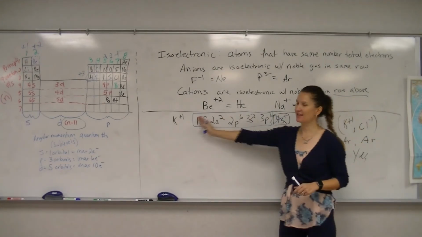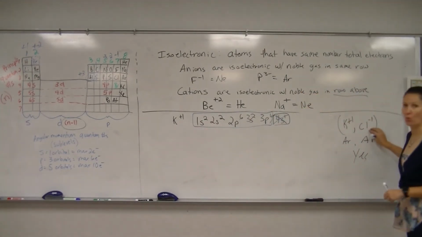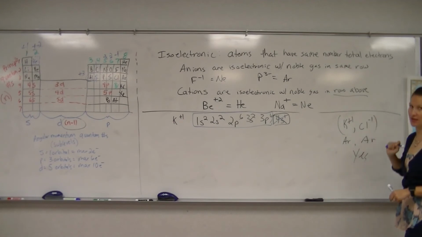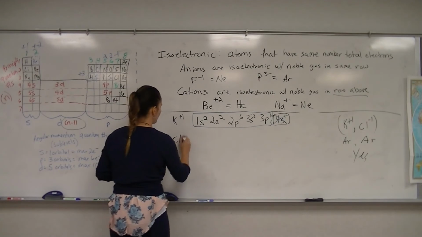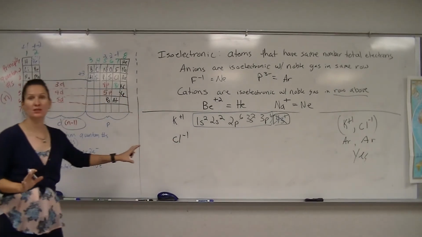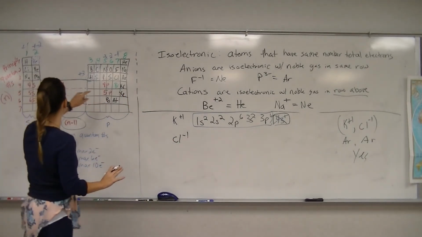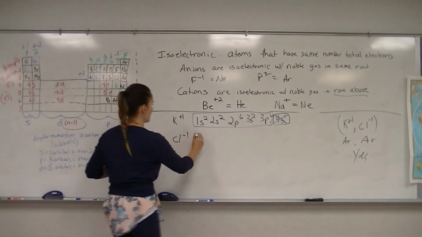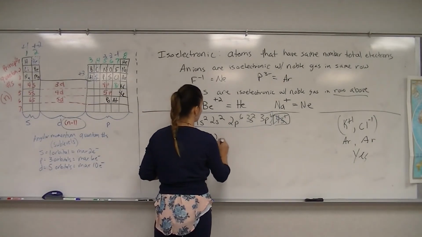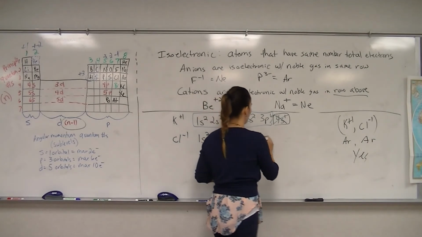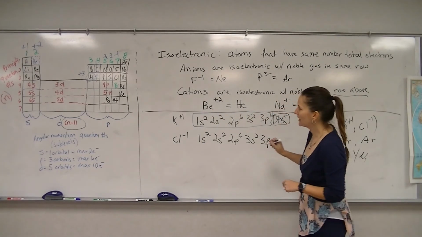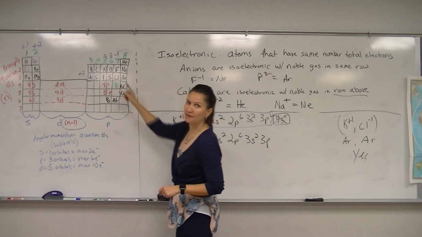So let's see if this matches up with chlorine when it has an extra electron. So let's look at chlorine. We're doing -1. We're not doing the neutral right now. So chlorine, same pathway. 1s2, 2s2, 2p6, 3s2, 3p, and it's usually 3p5, right?